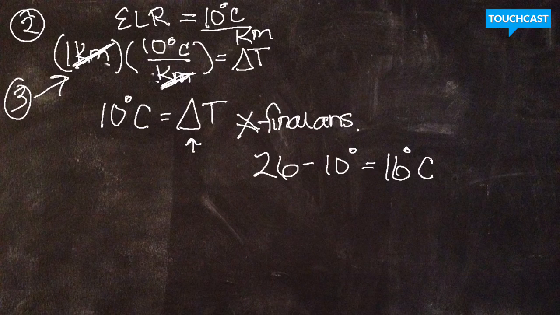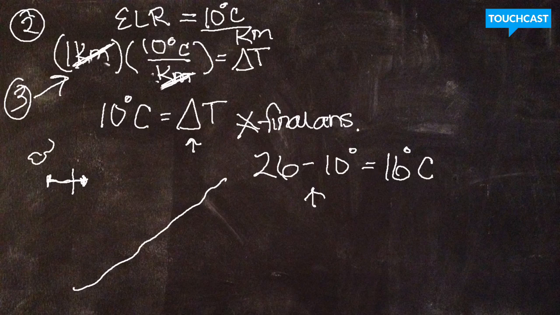Now, how do we know that we were going to subtract the temperature? Well, if you think about climbing up a mountain or flying in an airplane, this isn't a very good airplane, but you can pretend, right? Up here with the clouds. So you can pretend like you're in an airplane flying around. Or for our purposes, we're going up 1 kilometer.